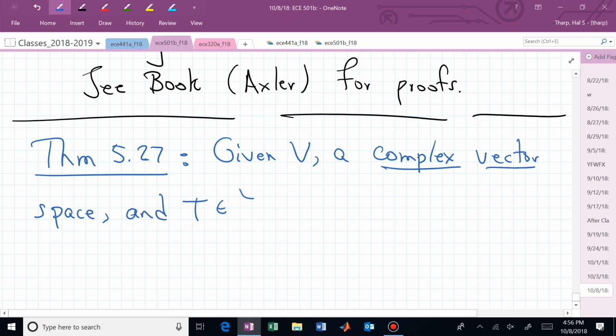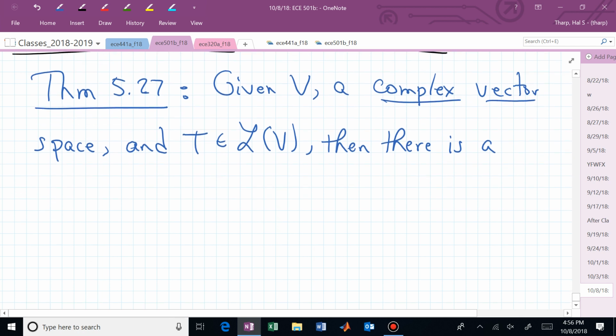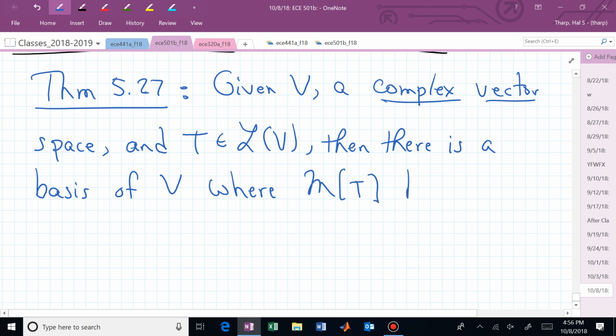And T, a linear operator on that vector space. Then there is a basis of that vector space V where the matrix representation of that linear operator has an upper triangular form.